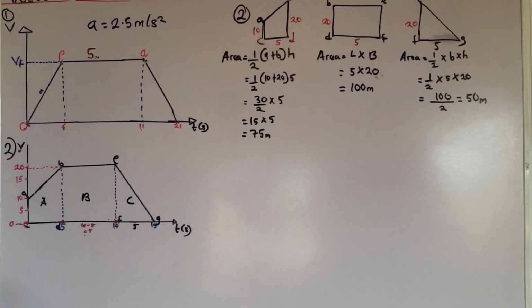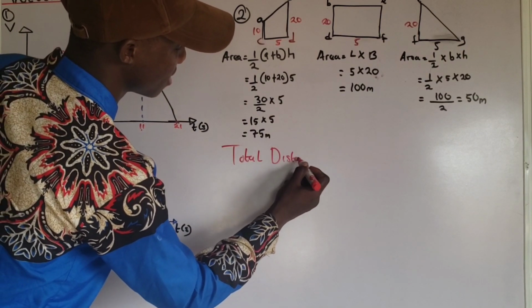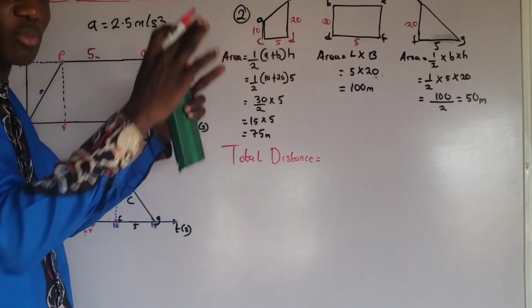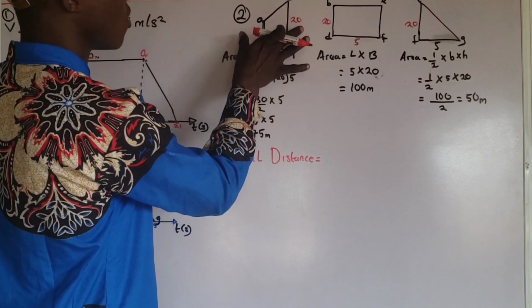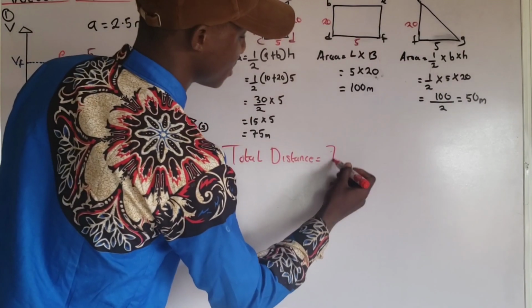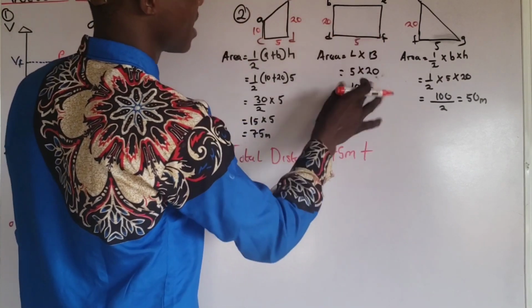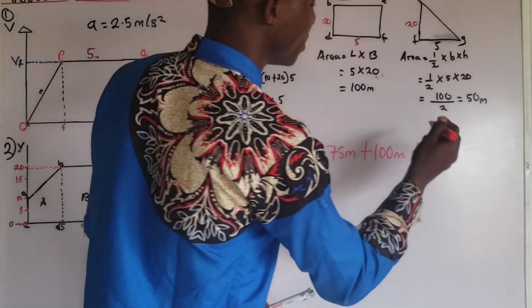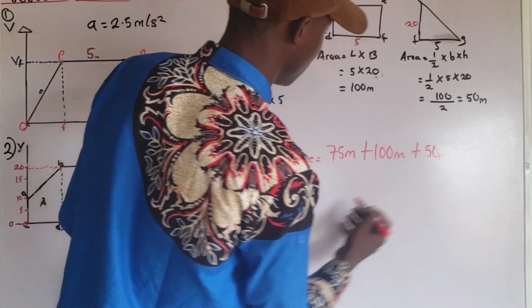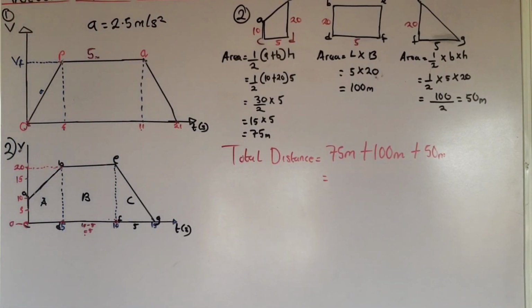So having gotten all the areas of the shapes that we have on the velocity time graph, don't forget the area is also the same thing as the distance. You understand? So the total distance is equal to the sum of all the areas. We have the area of the trapezium, which is 75 meters, plus the area of the rectangle, which is 100 meters, plus the area of the triangle, which is 50 meters.